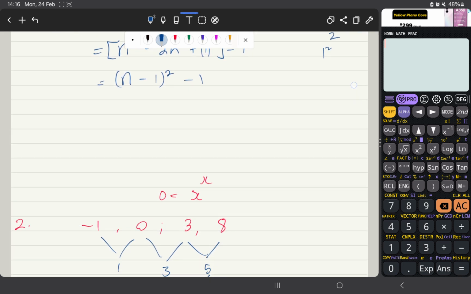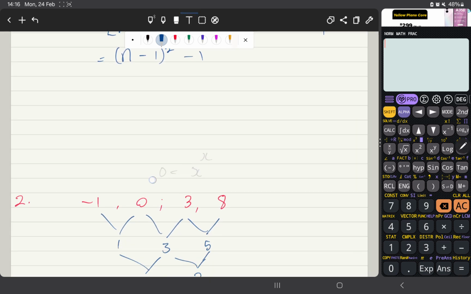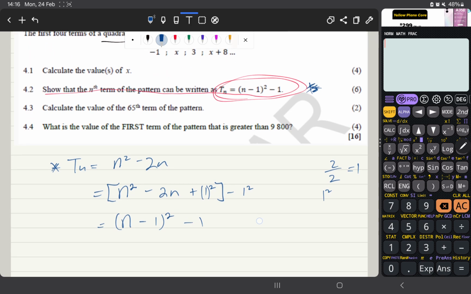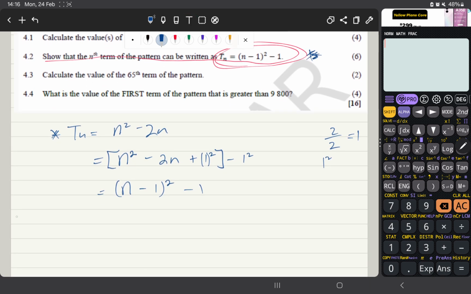Next question, 4.3, I'm just gonna move this for more space. Cool. So 4.3, they say what value. Okay.